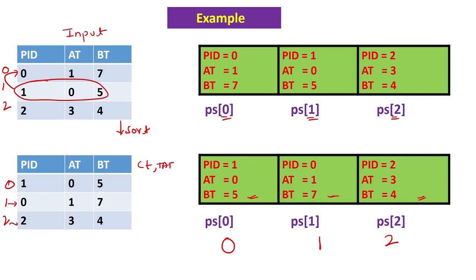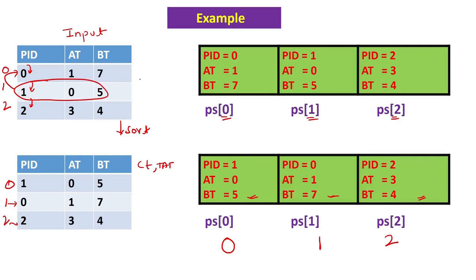But let's say we want to print the data in the original way, in which the PID 0 process is in the 0th row, then the next PID process in the second row, then the next PID process in the next row.